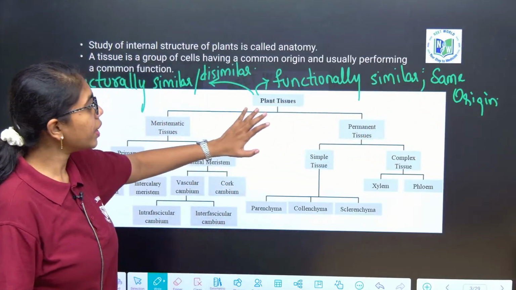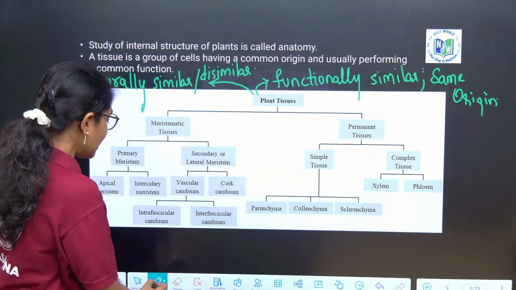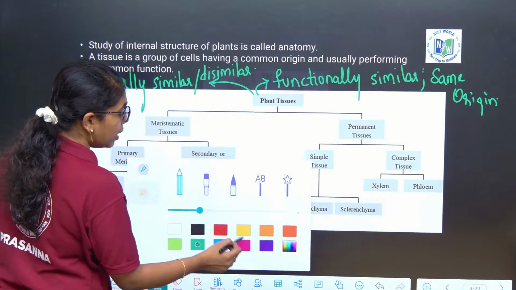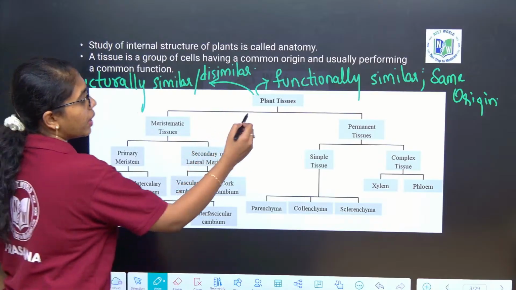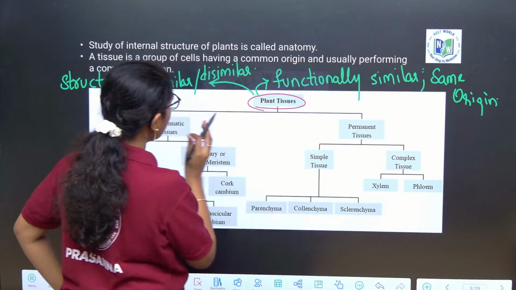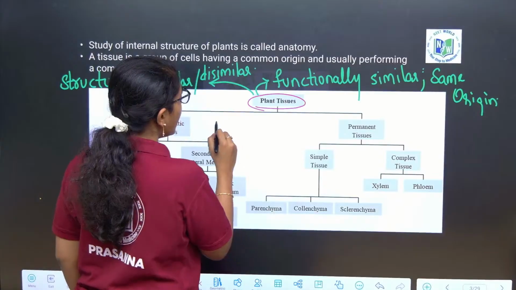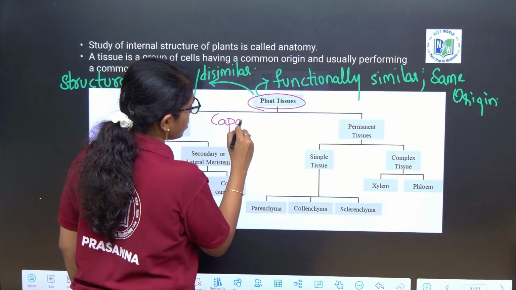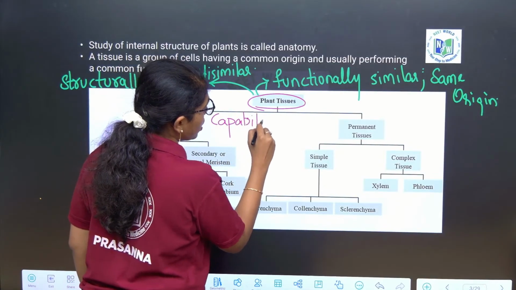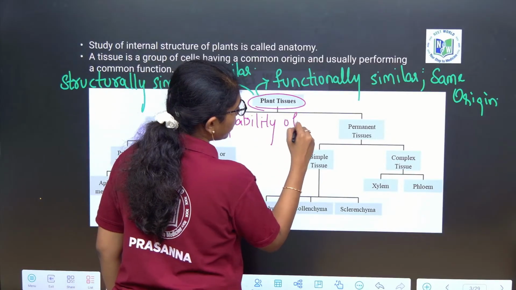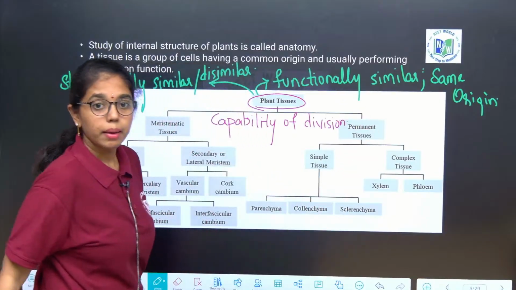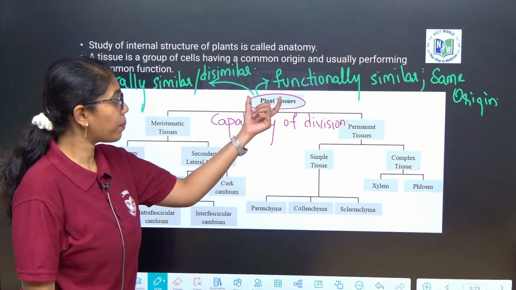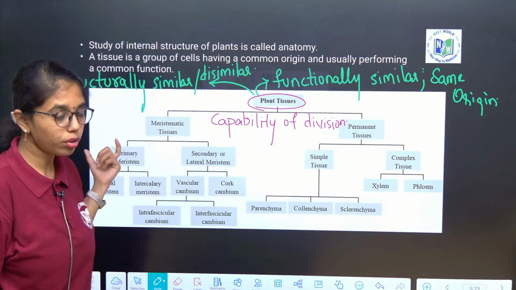The primary differentiation of tissues is based on the capability of division. Based on the capability of division, tissues are divided into 2 things.